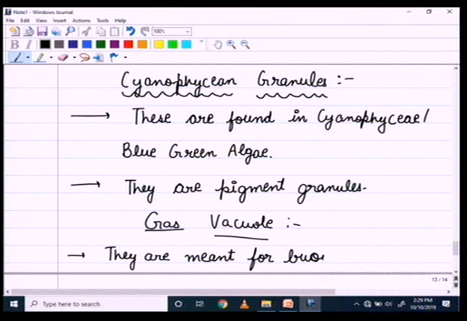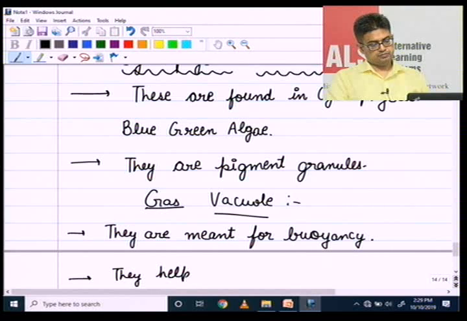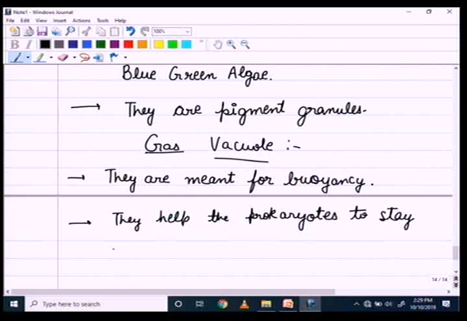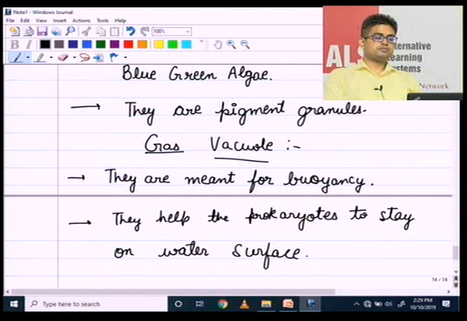They help the prokaryotes to stay on the surface of water. Right? So this is all about prokaryotes.